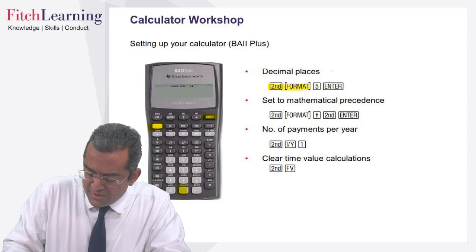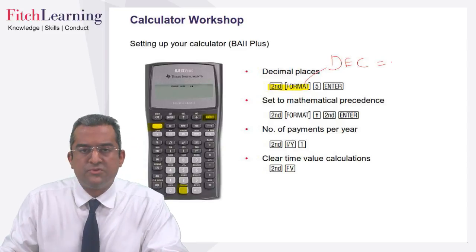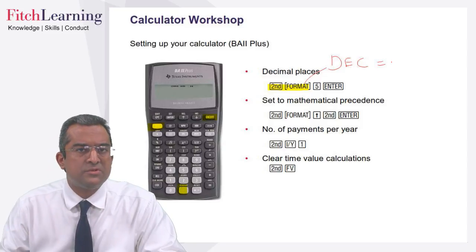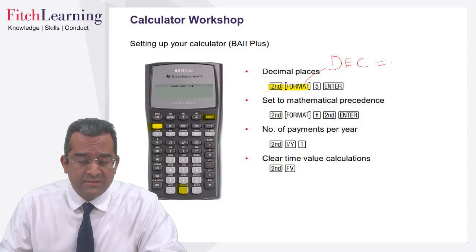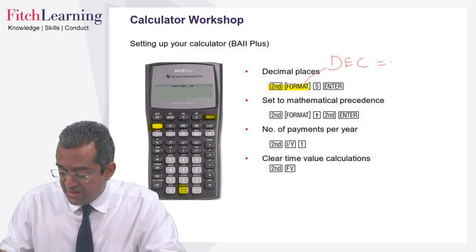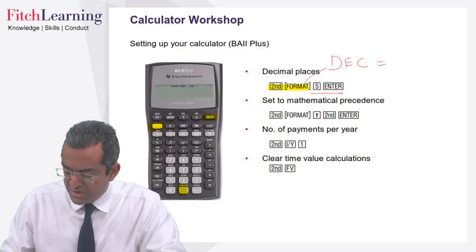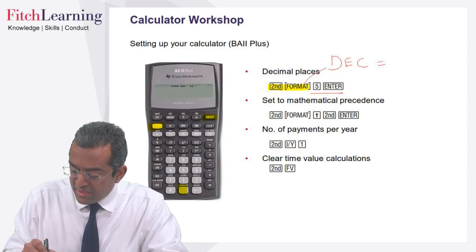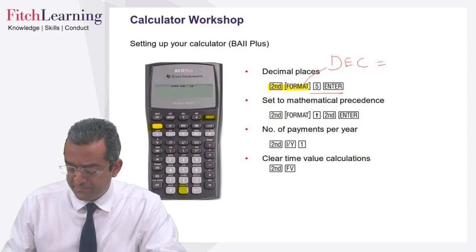On screen, it should say decimal places equals. How many decimal places do you want to set it to? You can have as many as 9. I would recommend at least 5, as it says here. So if you want to put 5 and enter, that's fine. Do so there, and that ensures at least the basic level of accuracy of everything.